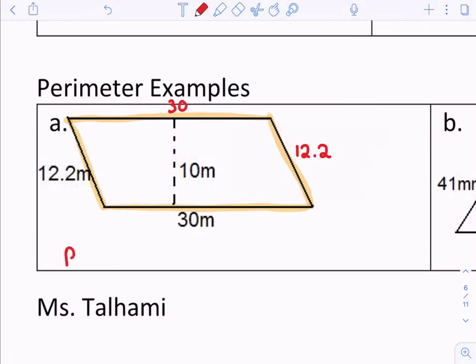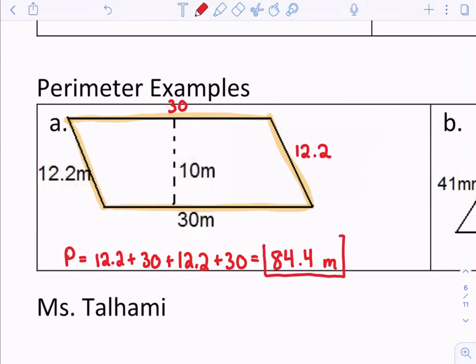So my perimeter, which is with a P, equals 12.2 plus 30 plus 12.2 plus 30. We add that all up, we get 84.4. So my perimeter here is 84.4 meters, because all we did here is we added up the sides. It's a length.